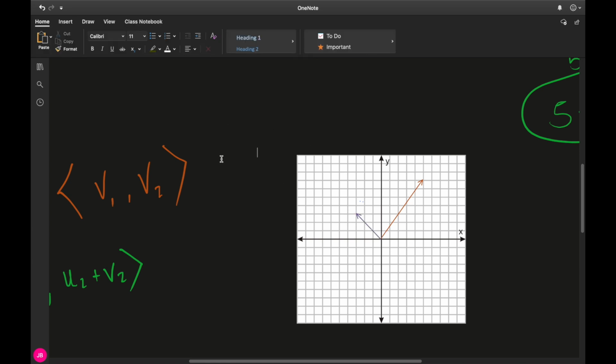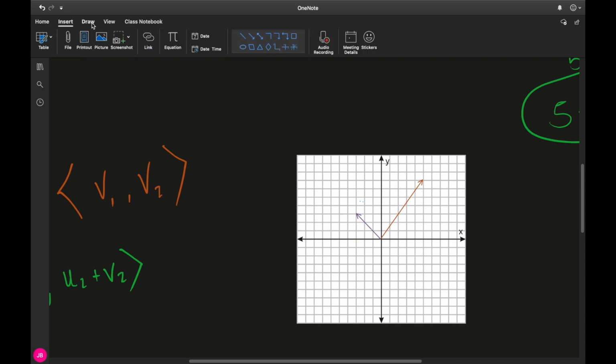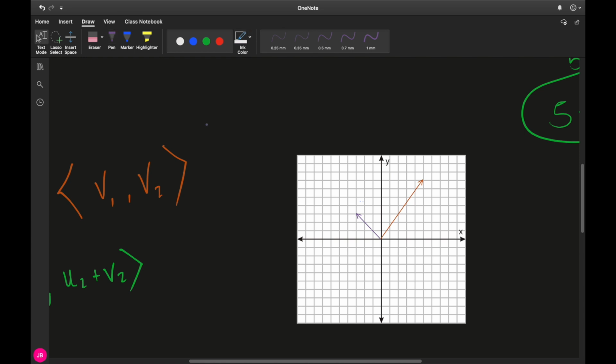Now, adding these two vectors together is a simple matter of taking them and attaching them from end to end. So for example, I can take this vector right here and attach it to the end of the first vector, which is then going to give me this line right here.